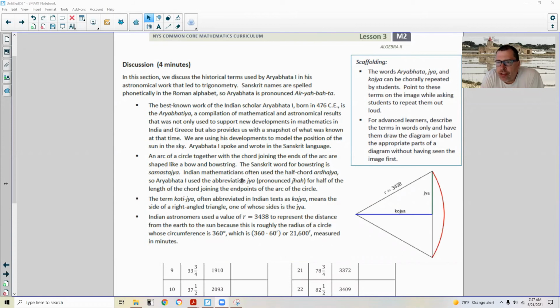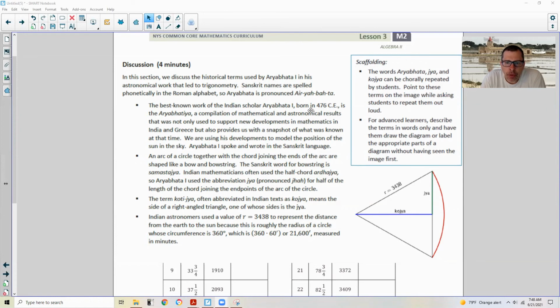In the scaffolding, it says the words Aryabhata, Jya and Koja can be chorally repeated by students. Point to these terms on the image while asking students to repeat them out loud. So this, Jya, Koja.